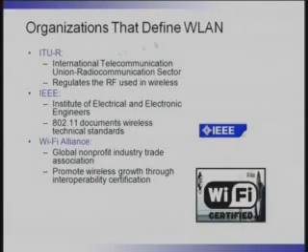Now, the organizations that define wireless LANs that we care about here are the IEEE, which defines our data link and physical layers, and then of course there's something called the Wi-Fi Alliance. The Wi-Fi Alliance is based out of San Jose. It's a non-profit supposedly, I guess.